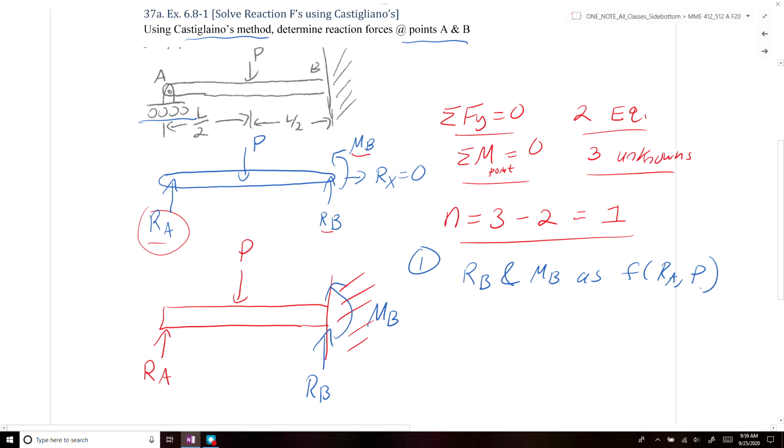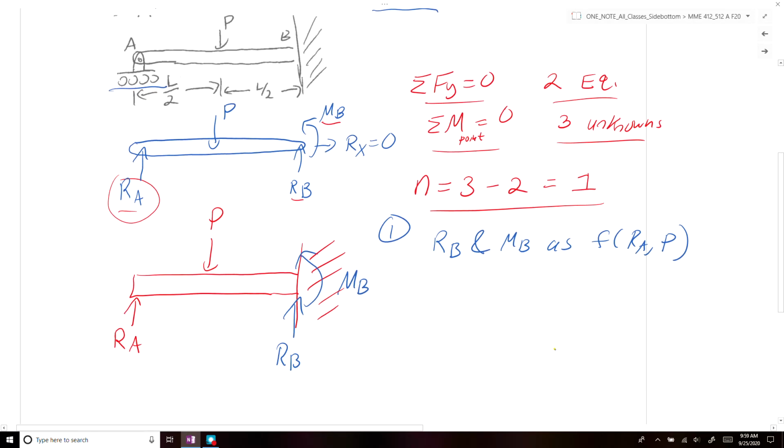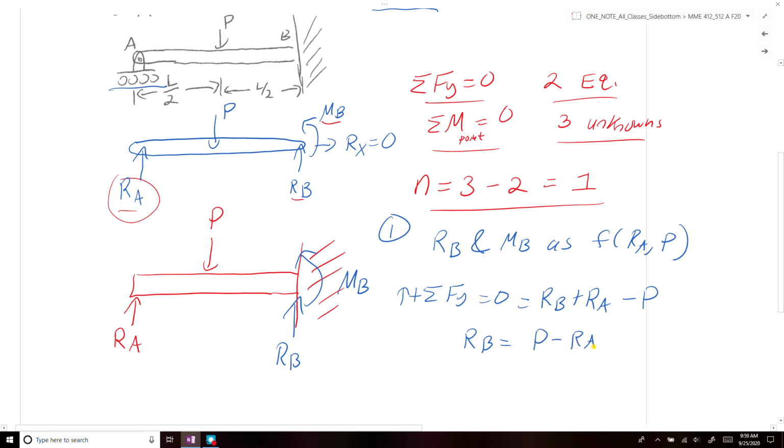If we sum all of our forces along the y direction, we should be able to solve for RB. We should get RB plus RA minus P equals 0, so RB would be equal to P minus RA.